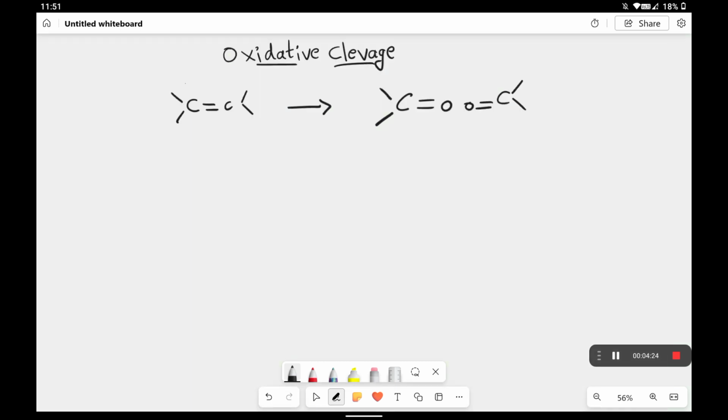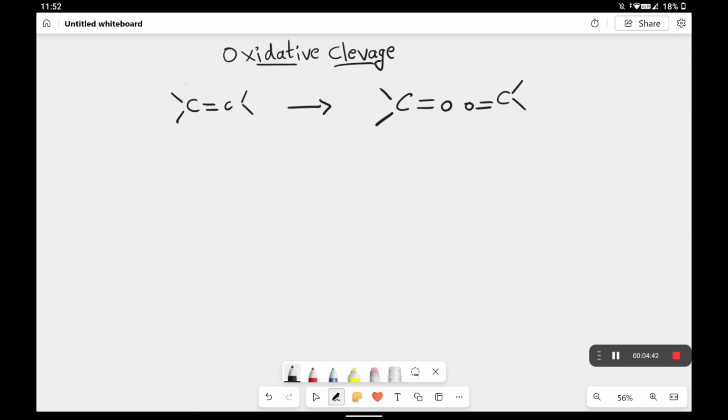Next one is oxidative cleavage. Up to this we have discussed addition reactions. Now we are going to discuss one more type of reaction, called oxidative cleavage. What is the meaning of oxidative cleavage?